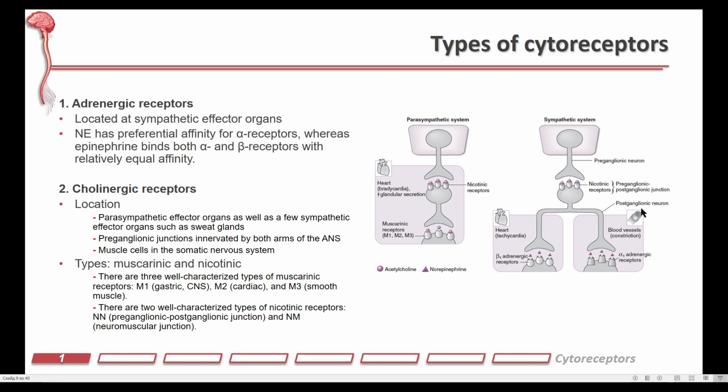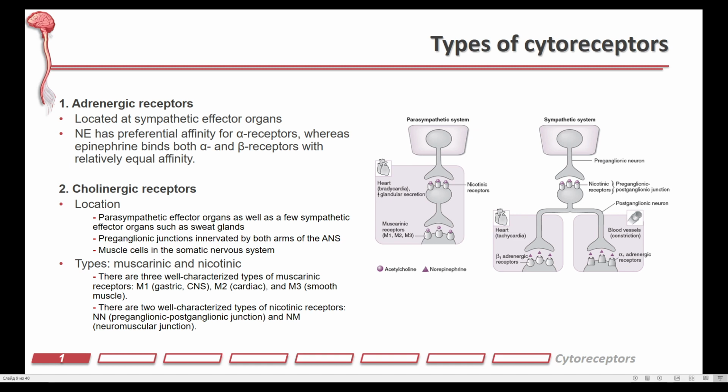So as you can see, for example, if the hormone binds to alpha adrenergic receptors, you can have vasoconstriction, and this is what you have in blood vessels. Or if it's about the heart, here you have beta adrenergic receptors, and it increases the heart rate, which is called tachycardia.